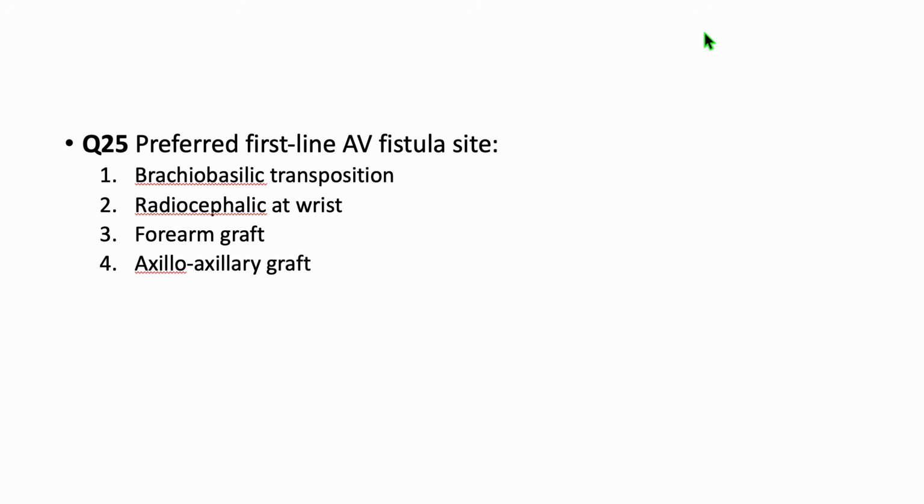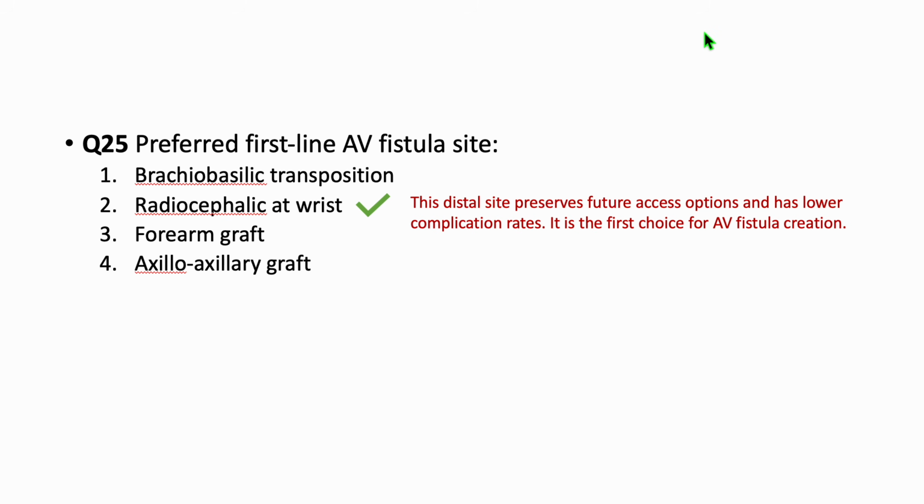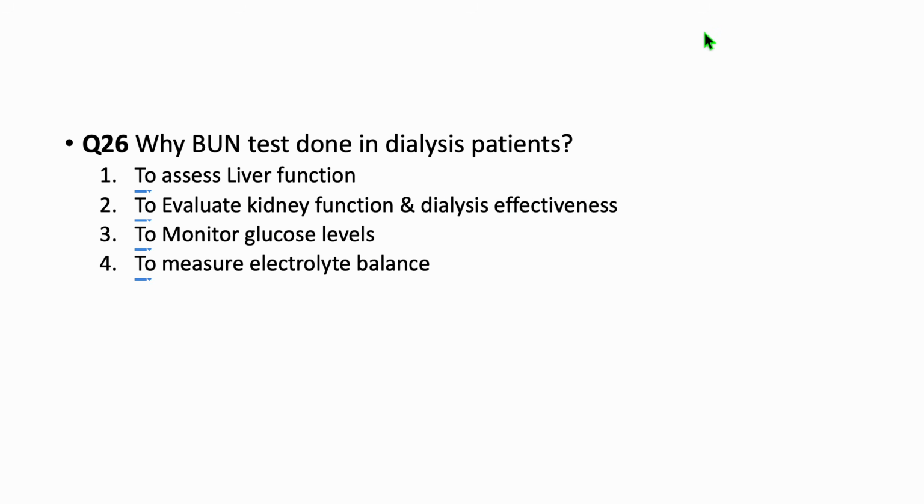So everybody, I guess, knows radiocephalic is the first choice for an AV fistula in a patient, and that too in a non-dominant hand. So radiocephalic at wrist, this is a distal site, preserves future access options and has lower complication rates. It is the first choice for AV fistula cannulation.